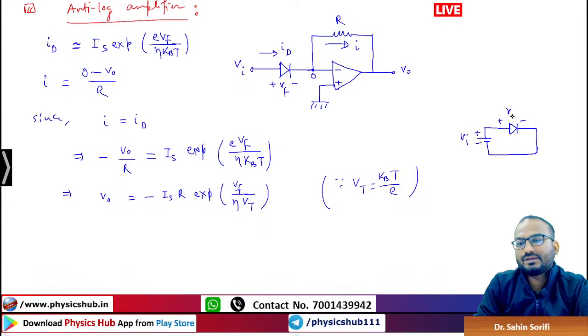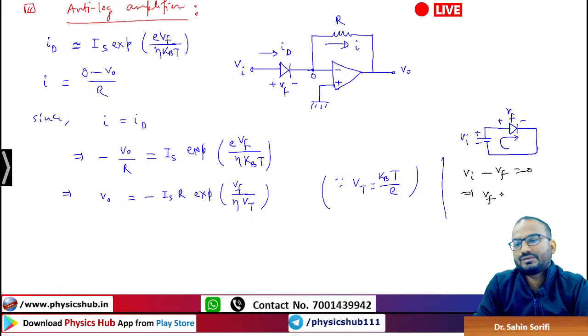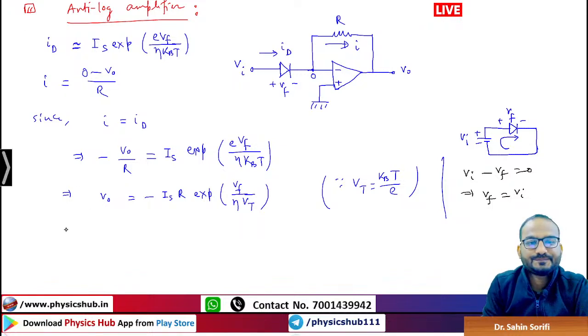This is VF. Going in this direction, negative to positive, positive to negative, so VF equals Vi. So we can just replace it now.